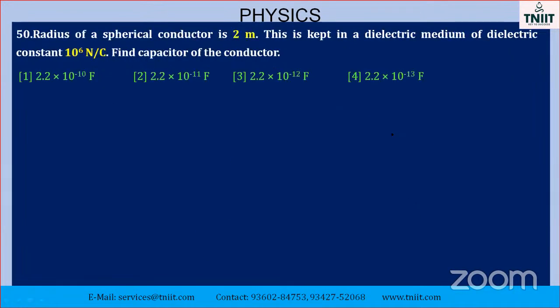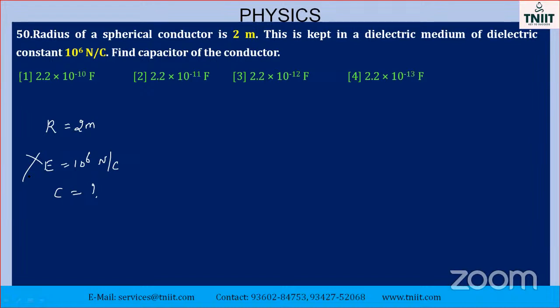Look at the next problem. The radius of the spherical conductor is given as 2 meter. This is kept in an electric medium of dielectric constant 10 power 6 Newton per coulomb. Find the capacitance. Actually, in order to find the capacitance, this is not required because capacitance depends only on the radius.